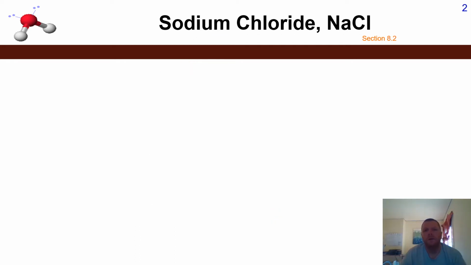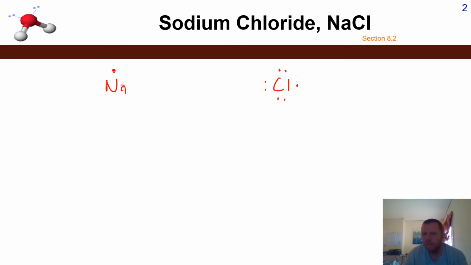Now how does the number of valence electrons play out for something like NaCl? Let's imagine that we're drawing the Lewis structure for a sodium atom and the Lewis structure for a chlorine atom. We're going to place these electrons around the symbol for those individual atoms.